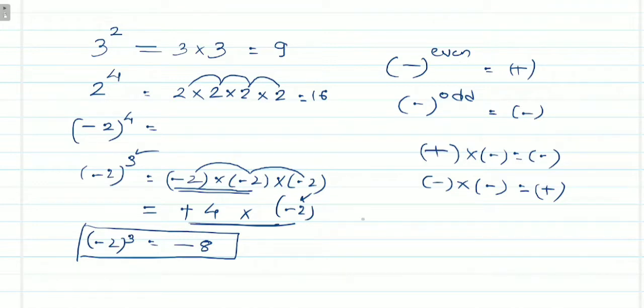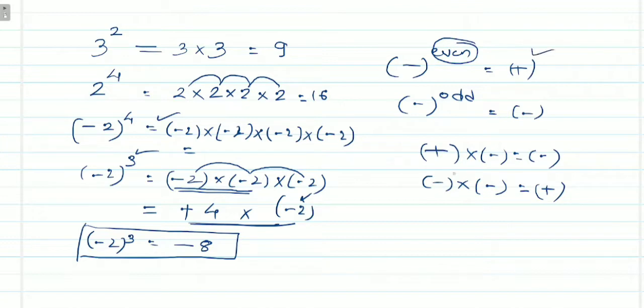But if we want to solve this question, minus 2 raised to power 4, we'll be multiplying minus 2 4 times. As I have told you, if the negative term has an even power, then the answer comes out to be positive. So you can directly write the answer as positive. 2 times 2 is 4, 4 times 2 is 8, 8 times 2 is 16.